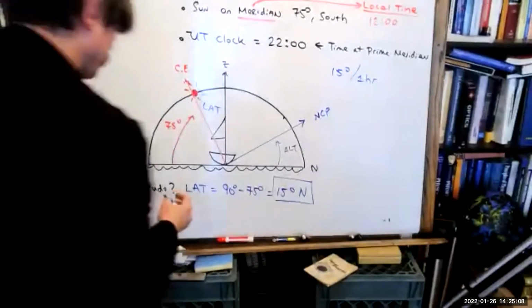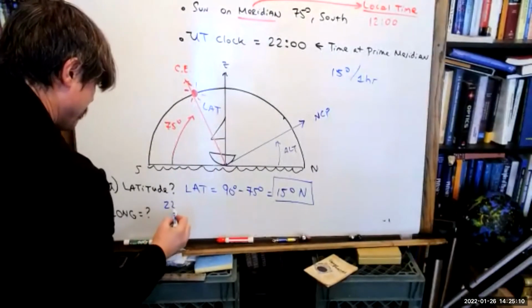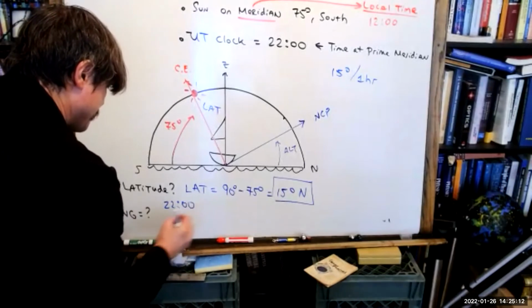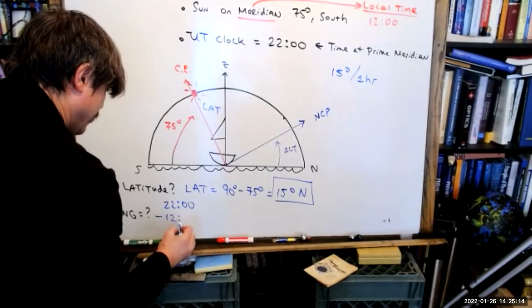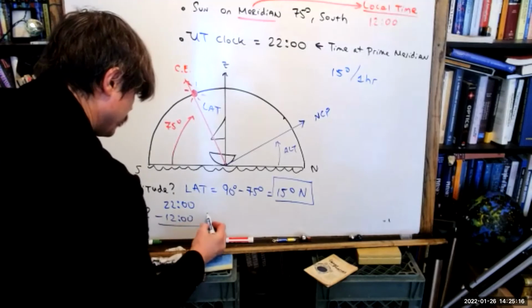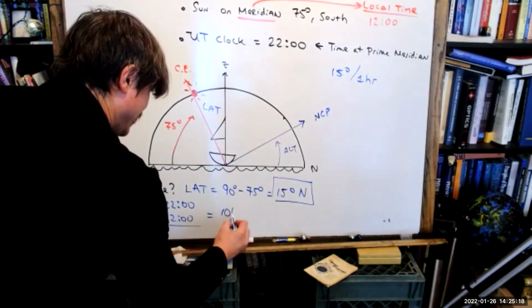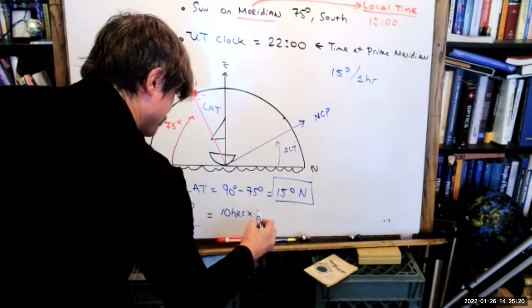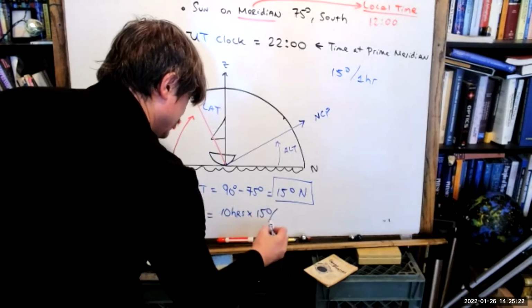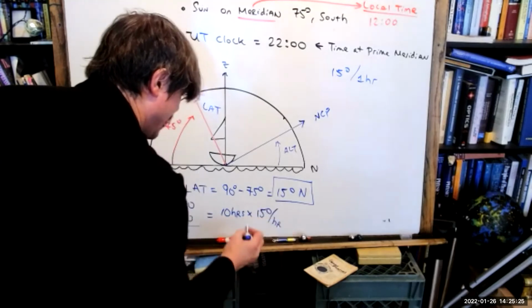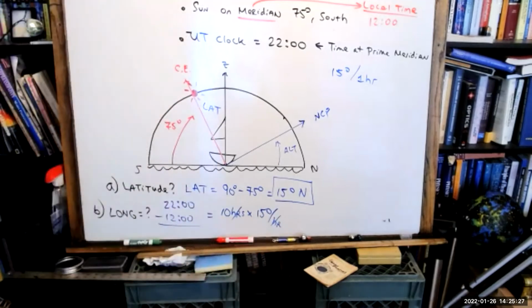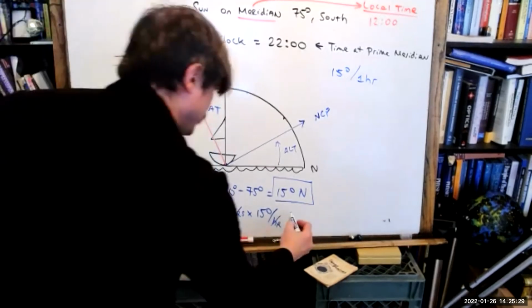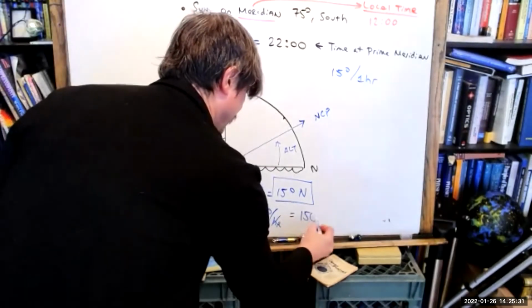For instance, 22 hours minus 12 hours gives us 10 hours. If you multiply by 15 degrees per hour, the hours cancel, giving you 150 degrees.